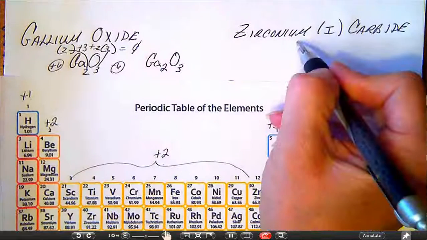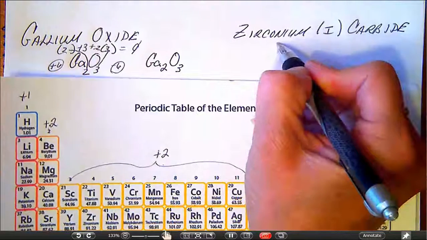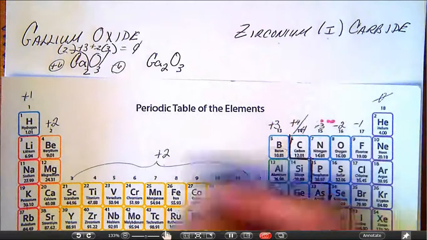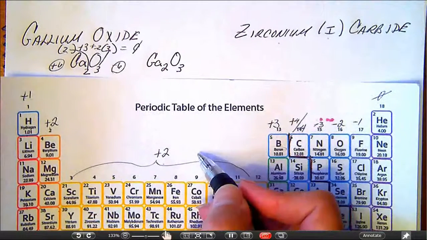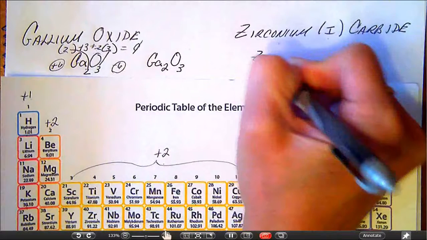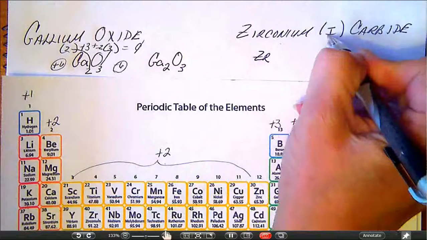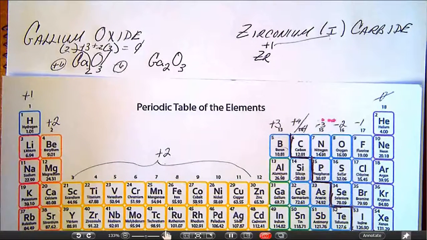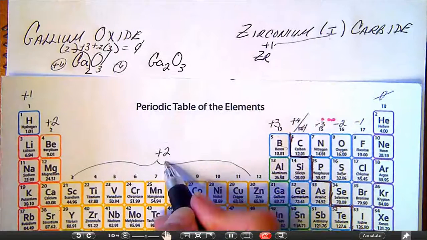Last example, zirconium. If you're not sure where to look, that 1 is going to tell you it's in our multiple oxidation section. So there's zirconium right there, Zr, and this tells you use a +1 oxidation number, not the default.